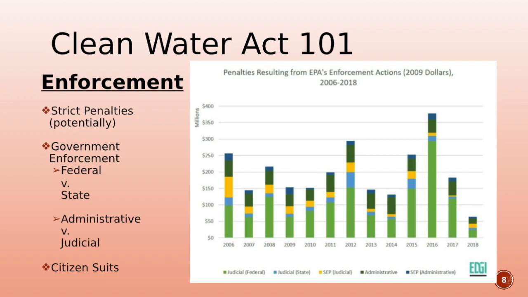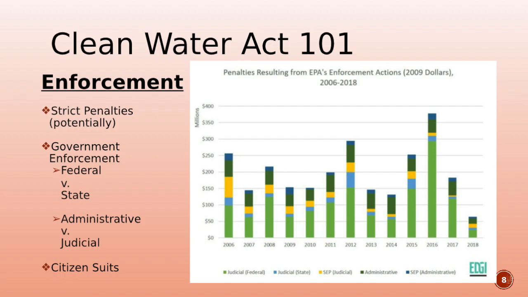And that's important because that self-monitoring and self-reporting are the basis for the way the Act is enforced in many instances. So the first thing to know about enforcement of the Clean Water Act is the enforcement provisions apply if you break your permit or if you discharge without one. Either way, you're violating federal law, and the state agency or the federal government can bring a case against you.